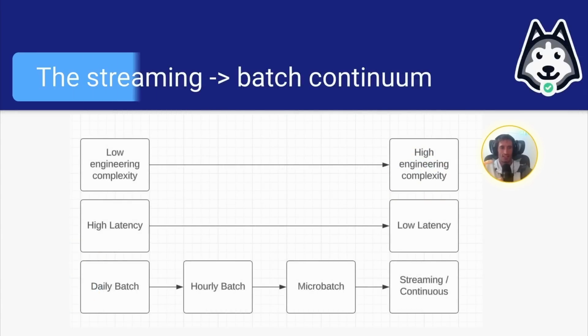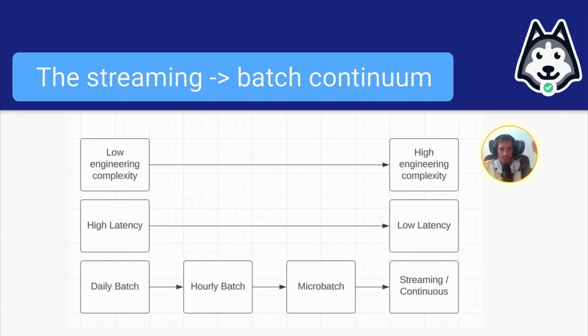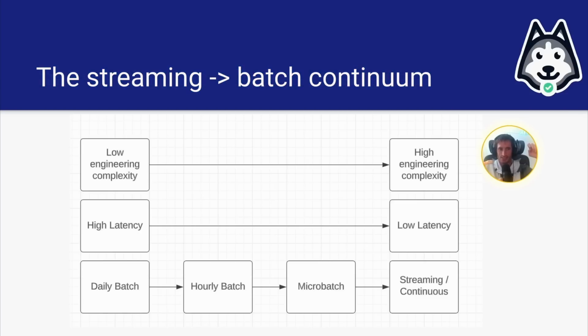Here's that continuum I was talking about in the earlier slide. You essentially have a continuum from not complex to very complex, and also from high latency to low latency. On the left side, we have simple, high latency daily batch. And on the right side, we have Flink, low latency, and high engineering complexity.